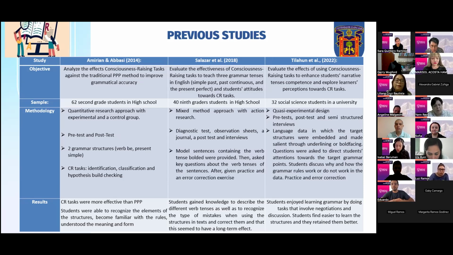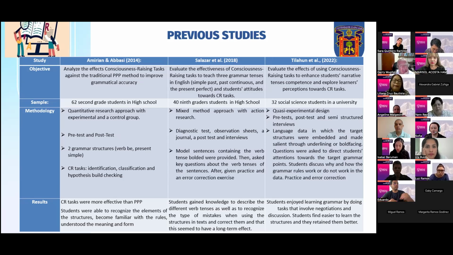They didn't evaluate if the students were able to monitor their performance after they had learned the structures. This study uses identification, classification, and hypothesis building and checking tasks, and the results were positive. Consciousness raising tasks were more effective than the traditional method, and the students were able to recognize the elements of the structure, become familiar with the rules, and understand the meaning and the form.